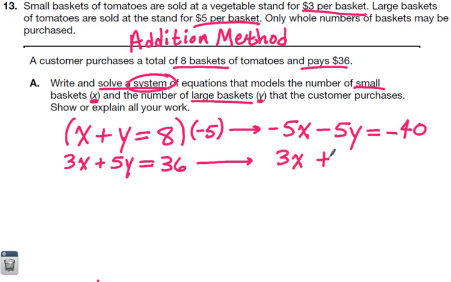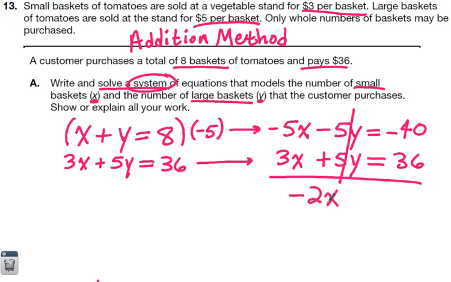Second equation is going to stay as is. And as you can see, now it's the y's that are going to add up to essentially 0, leaving me with only the x's. So I get negative 2x equals negative 4, I believe. Okay? And again, the whole idea here is to be able to solve for x now, which you can do quite easily by dividing both sides by negative 2.